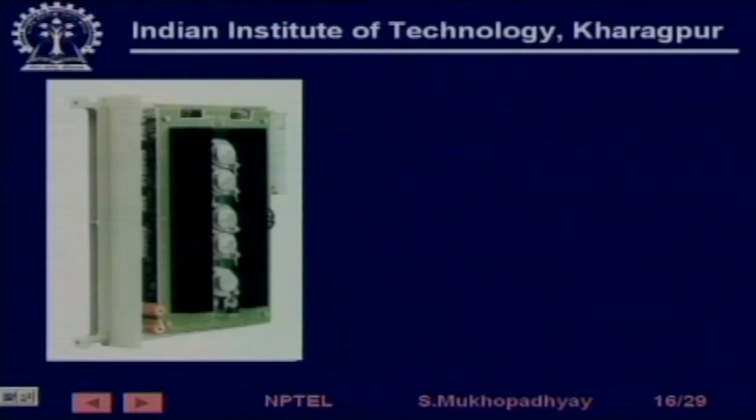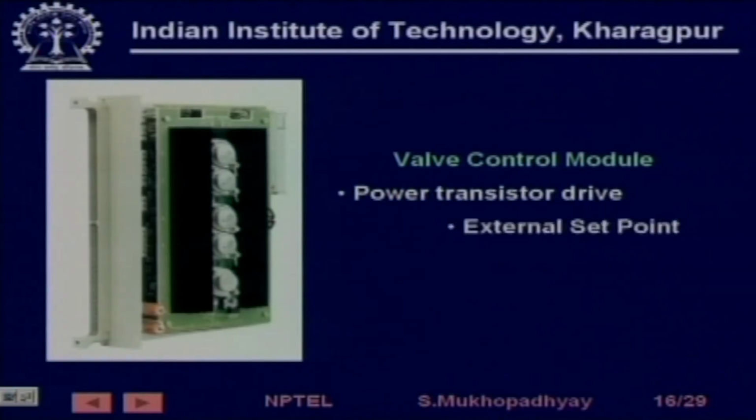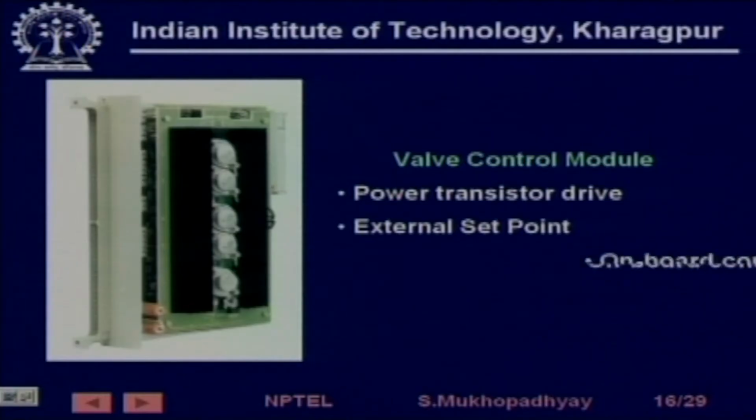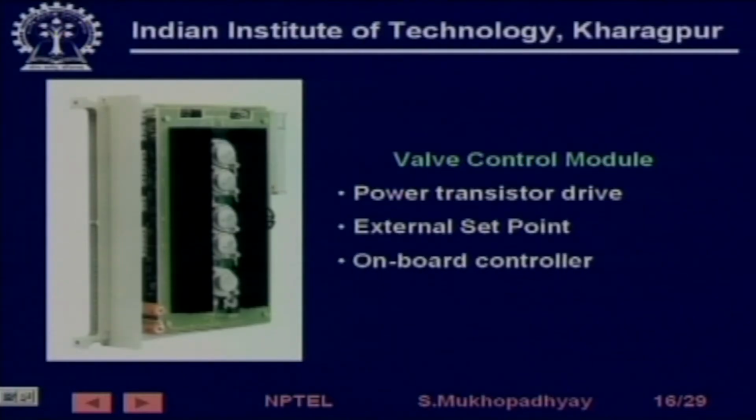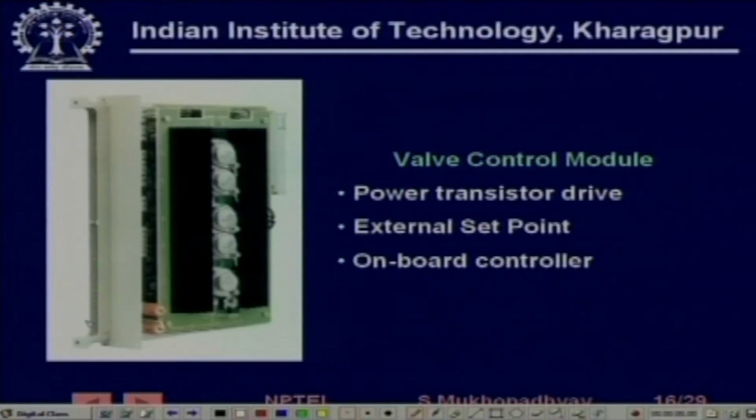This is another controller, which is a valve control module. I chose this because I wanted to show the power transistors on it. So, you can see the power transistors. Valve means it is probably a hydraulic servo valve, so it has to pull a solenoid, create some force, so that the piston moves.